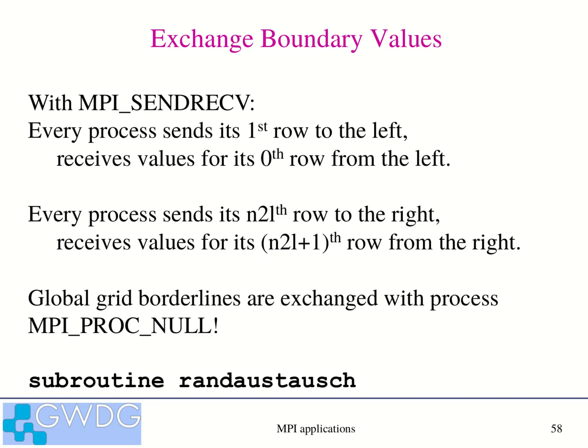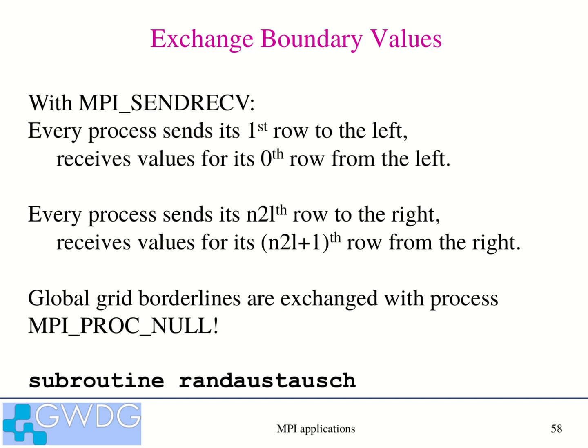So, you send the first column to the left and receive the values for the zeros column, for the boundary column from the left. Then the NL's column will be sent to the right to the neighboring domain, and you receive the values from the neighboring domain and put them in your boundary column, which is the NL plus 1 column.